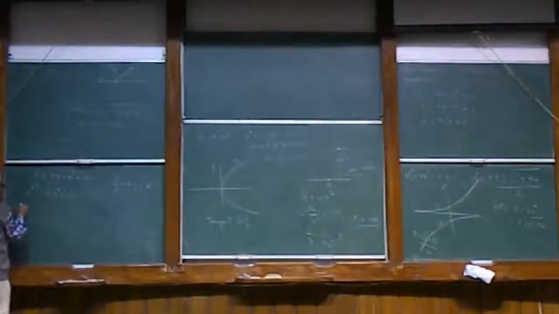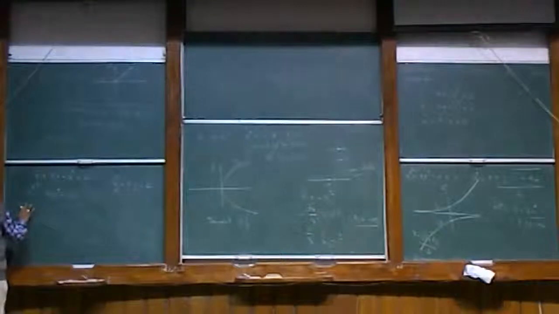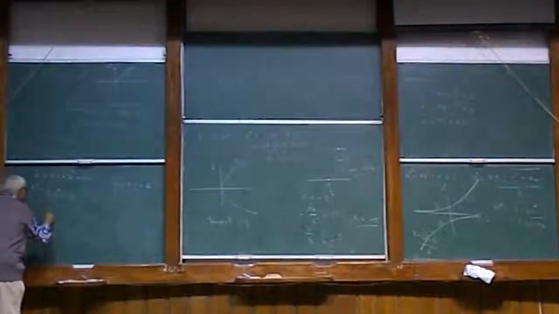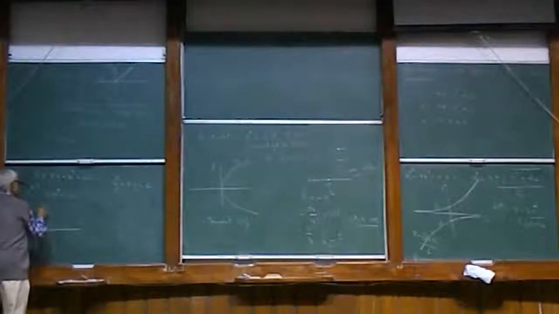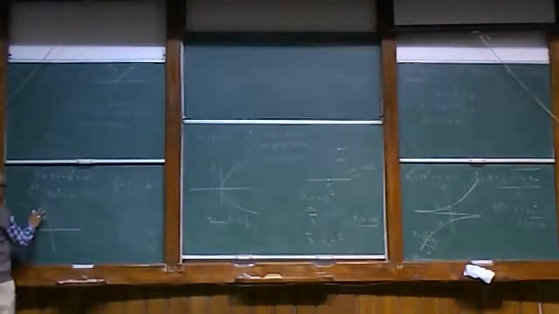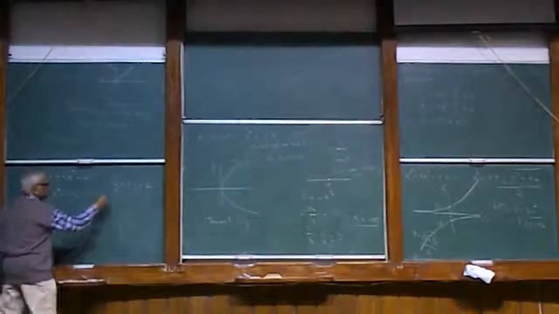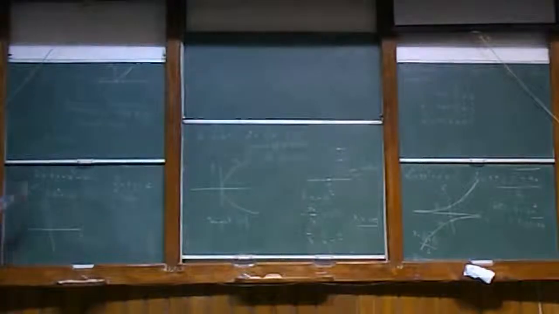So if it is r greater than 0, let's start with r less than 0. If it is r less than 0, then it is this plot. So I'm plotting y cubed minus ry against y, for r less than 0.